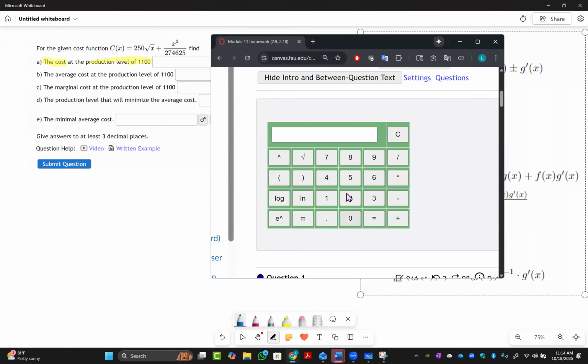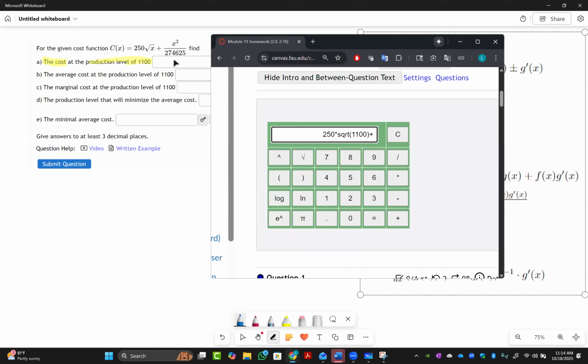So I have 250 times the square root of 1100 in parentheses. That's the first part, right?